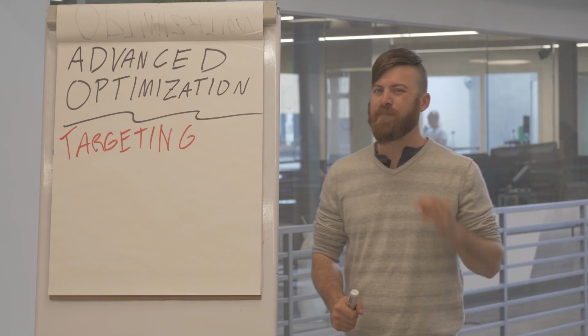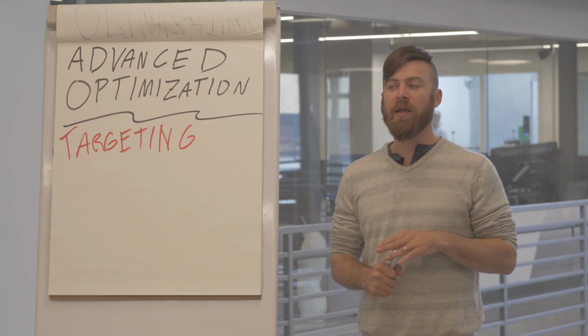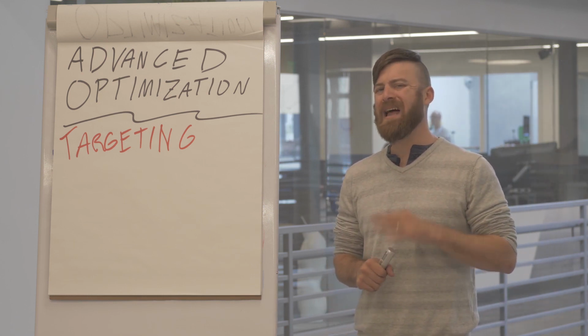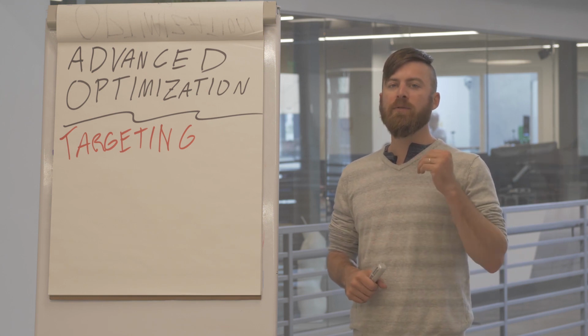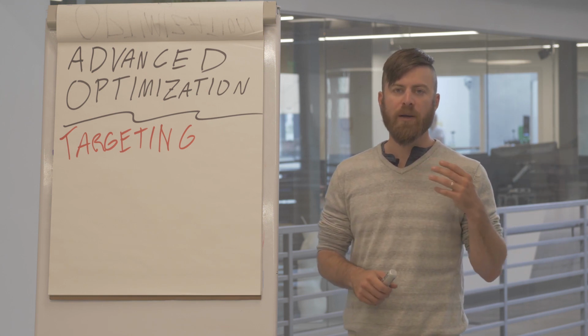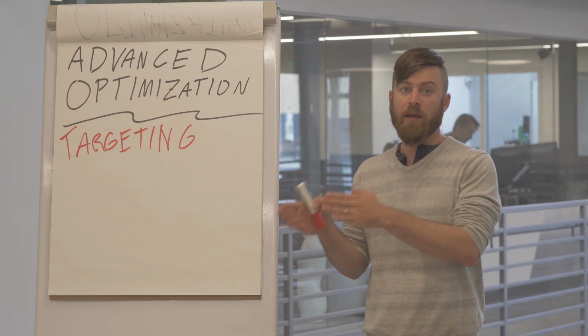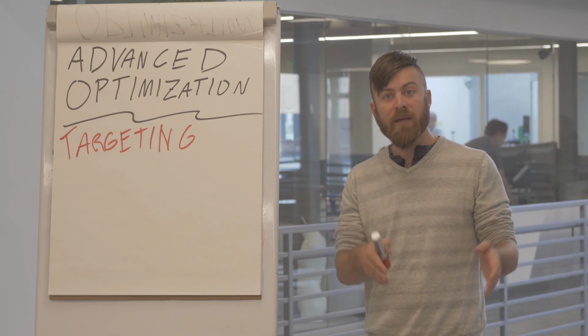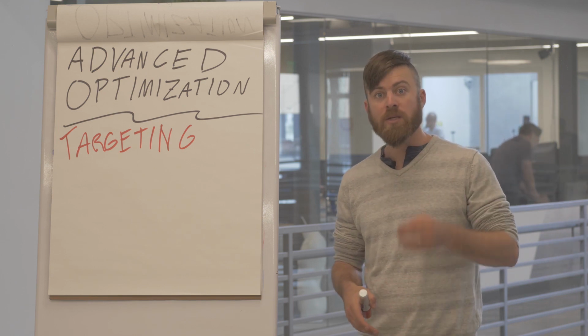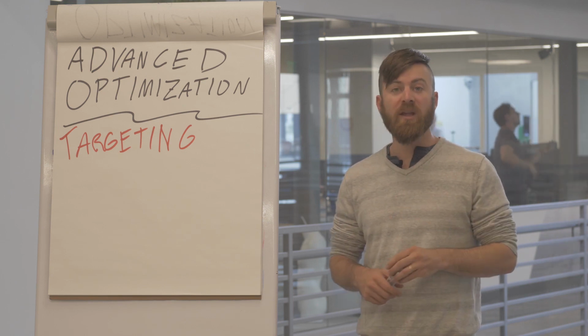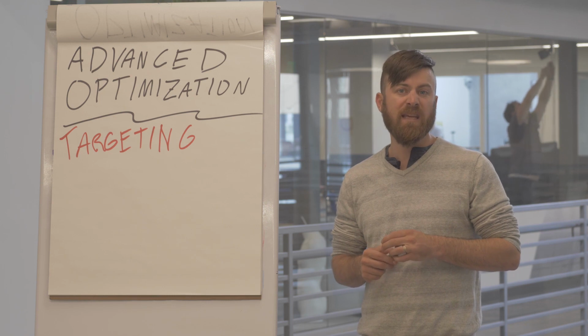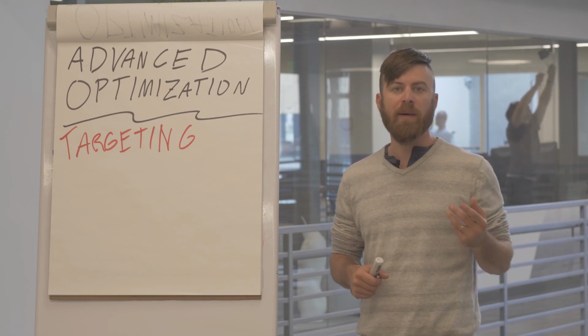Now, it's not always possible. In some of the native ad networks, it's not possible. So you've got to advertise to specific topics or categories or placements, websites, keywords, and we'll talk about all those.